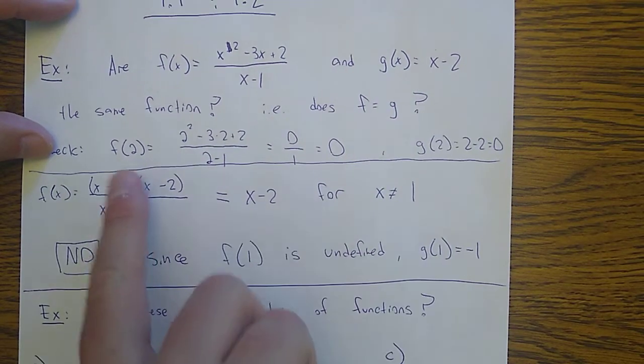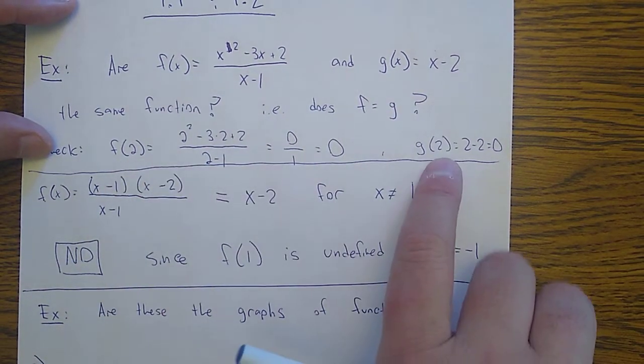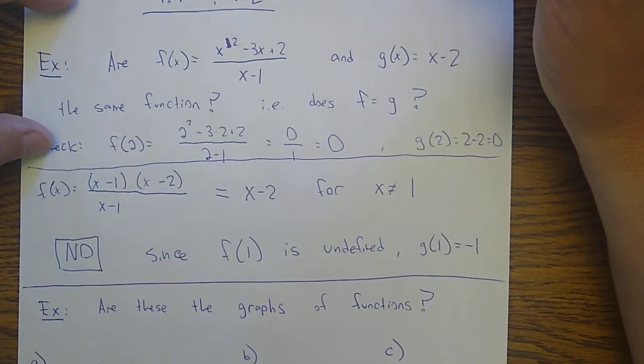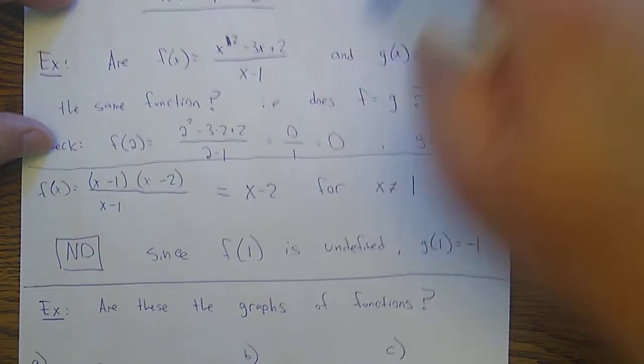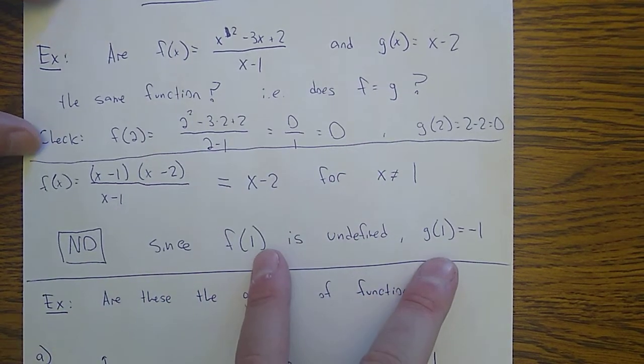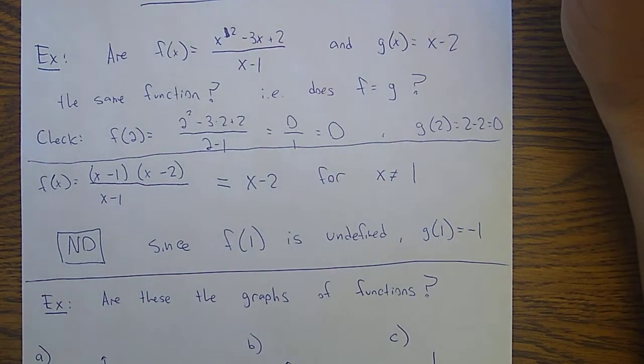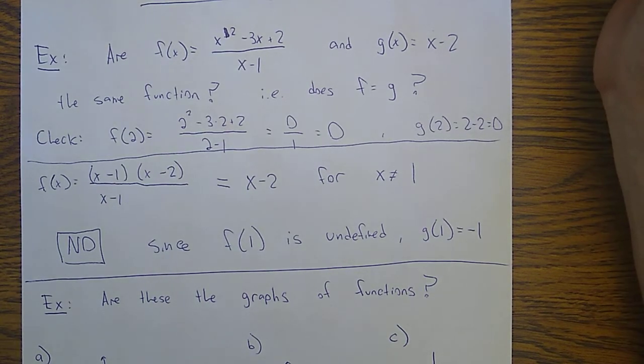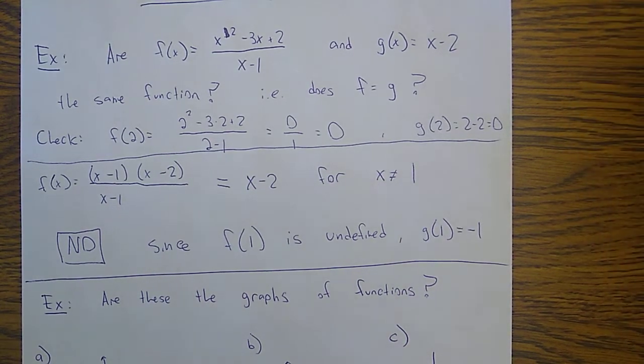See, up here when I was doing f of 2 and g of 2, and I mentioned that you could also check f of 3 and g of 3, we didn't talk about what happens when you check f of 1 versus g of 1. Maybe we didn't think of it at the time. But anyway, to make a long story short, this is a typical trick.